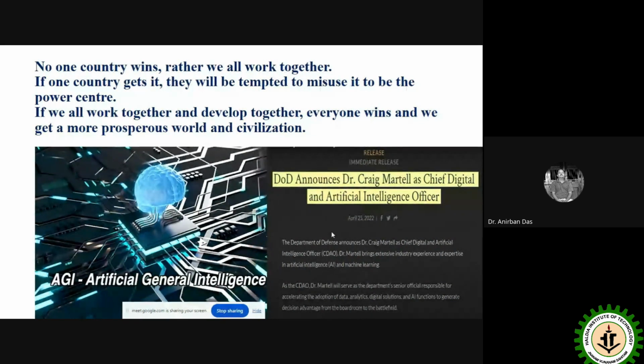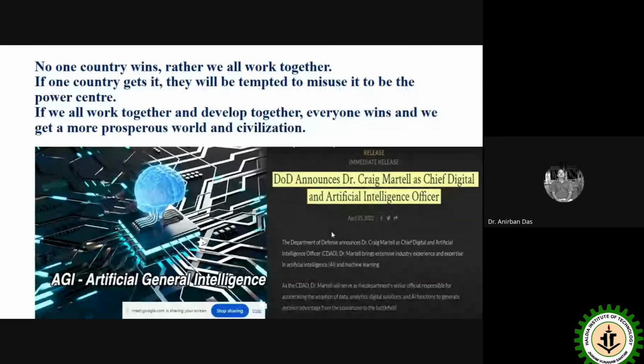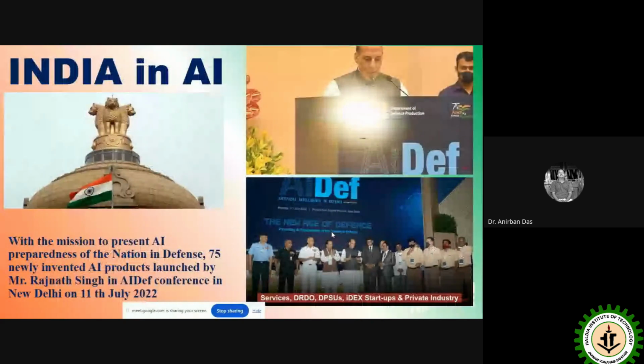So there is one body formed where no country will be winning in AI, rather all will act together, work together, so that the outcome of AI-based products will be for humankind, not only a particular country. So it will be of everyone. And India is not falling behind.